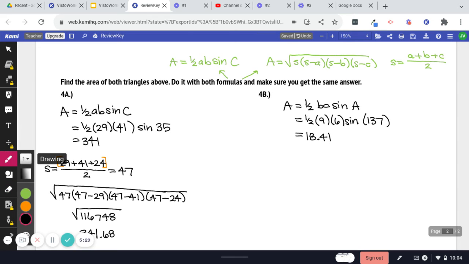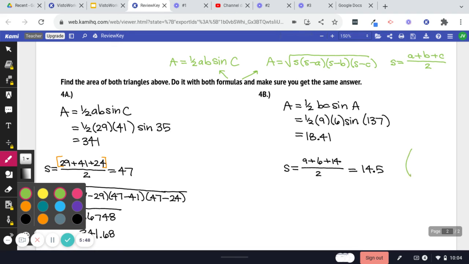Now I can attack this question again using the other formula. In order to do that, I need to know my semi-perimeter. So 9, 6, 14, and it will be 14.5. If you got 22 for your semi-perimeter, here's what your calculator did.